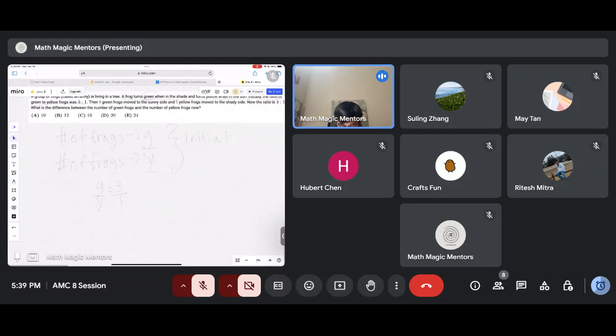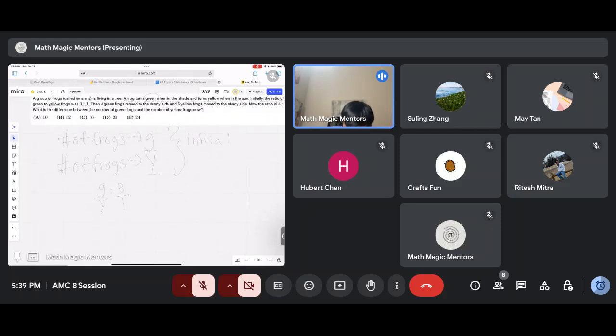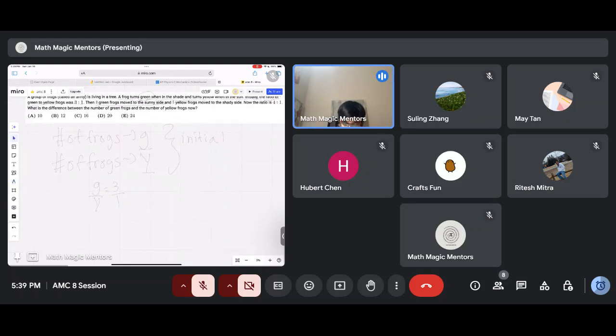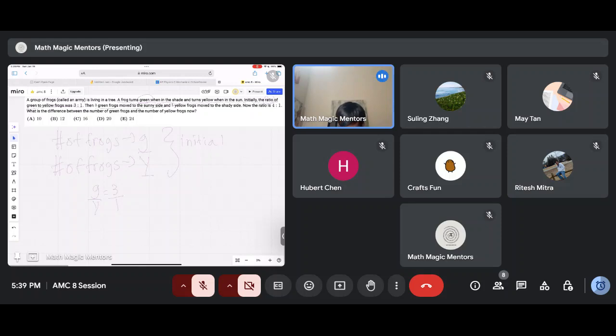And then what happens is the three green frogs move to the sunny side. So what does that mean? So we had G in the beginning, and then three frogs from this number of frogs, which was G, moved to the sunny side and became yellow, right? Because it says when you go to the sun, you become yellow, right?